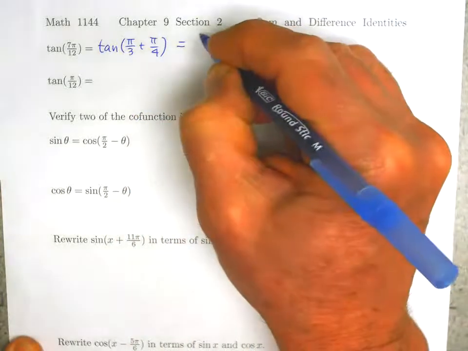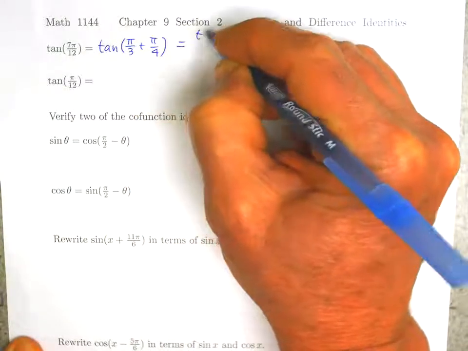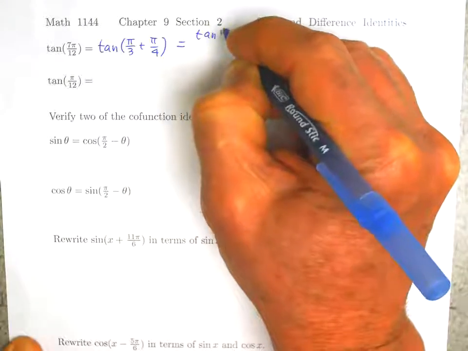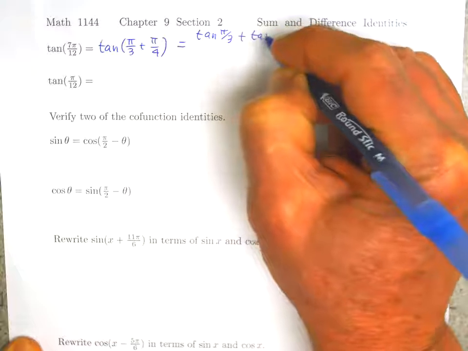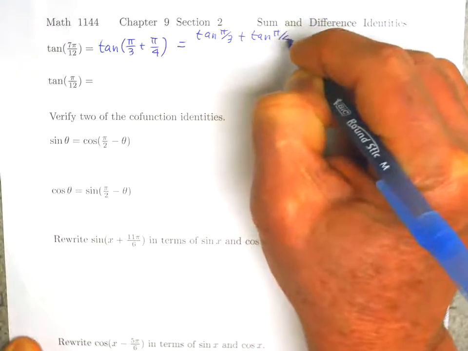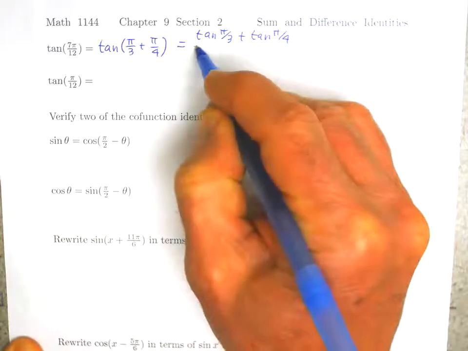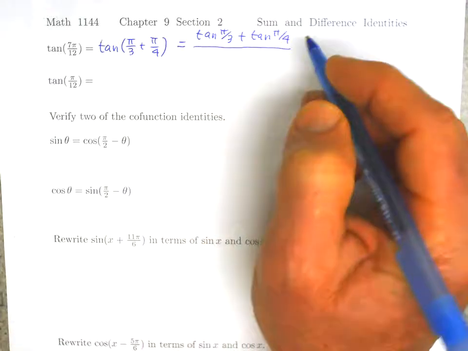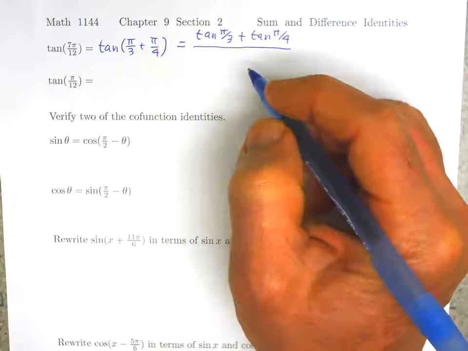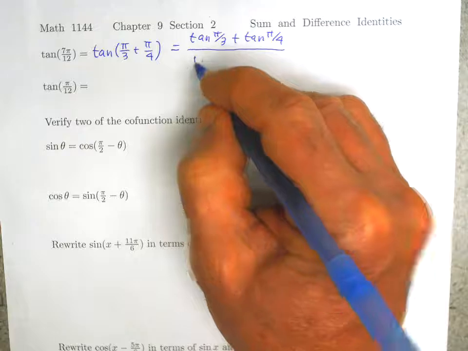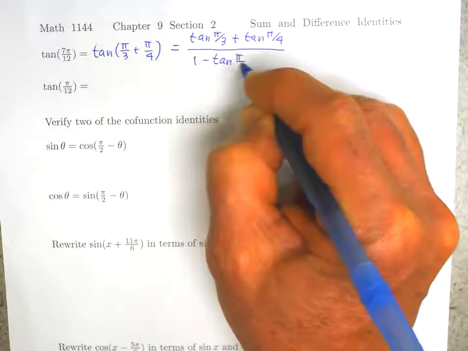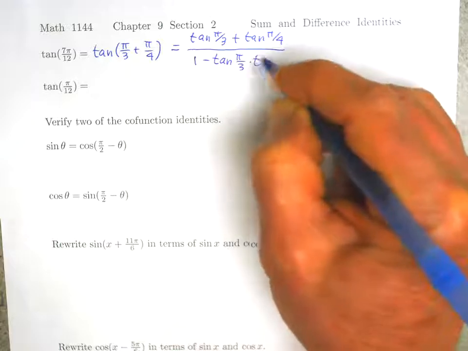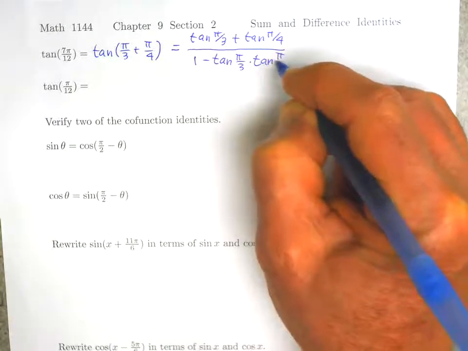So in the numerator, we get tangent of pi over 3 plus tangent of pi over 4, and then divided by 1 minus tangent of pi over 3 times tangent of pi over 4.